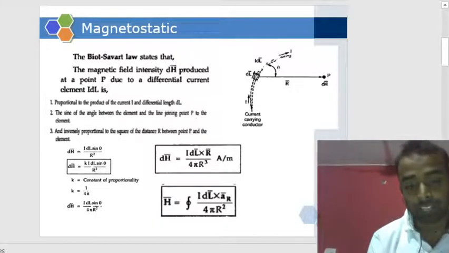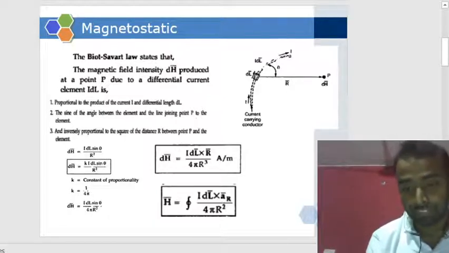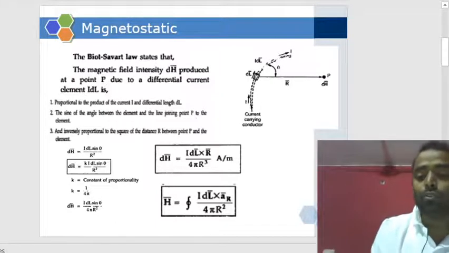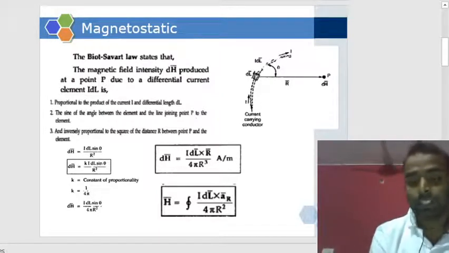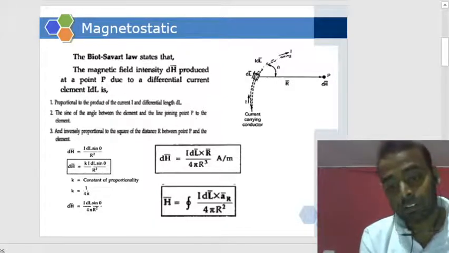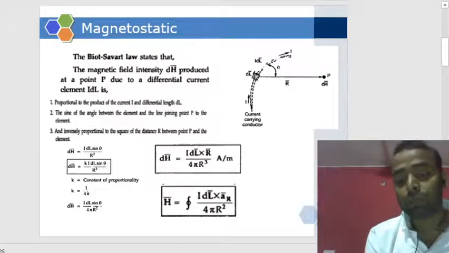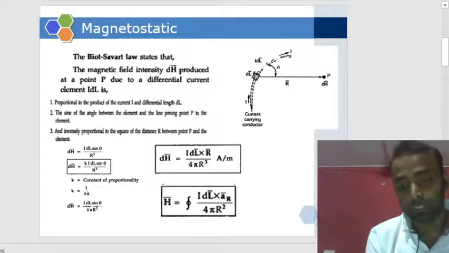So my sine theta will be absorbed and we'll get dl cross ar. Fine. And if I want to simplify it, ar can be written as vector r upon mod of vector r. So this r square becomes r cube. Fine, no?